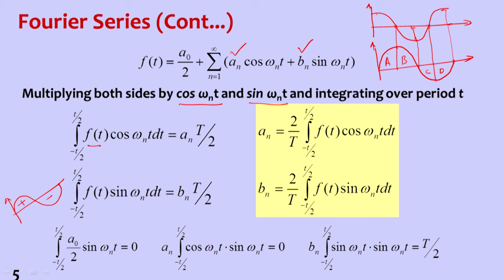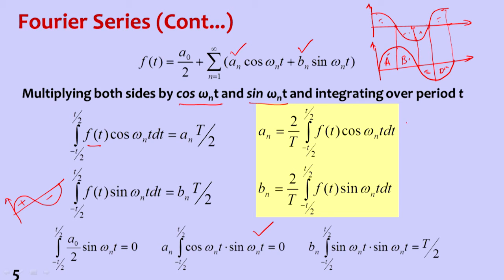This is positive and this is positive, so the product becomes positive. This is positive and this is negative, so the product is negative. This is negative and this is negative, so it becomes positive. This is negative and this is positive, so it becomes negative. If we multiply these point by point and add them up, we will get 0.